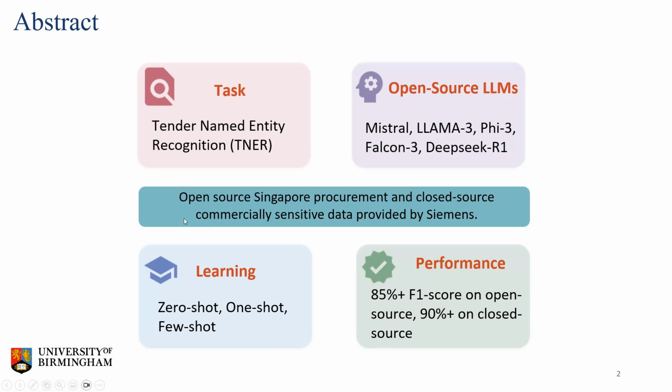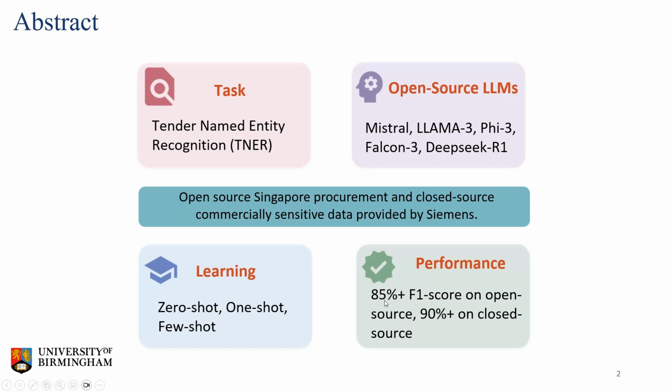So we are using two open source. We are using two datasets. One is an open source dataset from the Singapore procurement, and the other is the closed source commercially sensitive dataset which is provided by Siemens. So we are performing tender name entity recognition task using five different open source large language models in different learning environments.